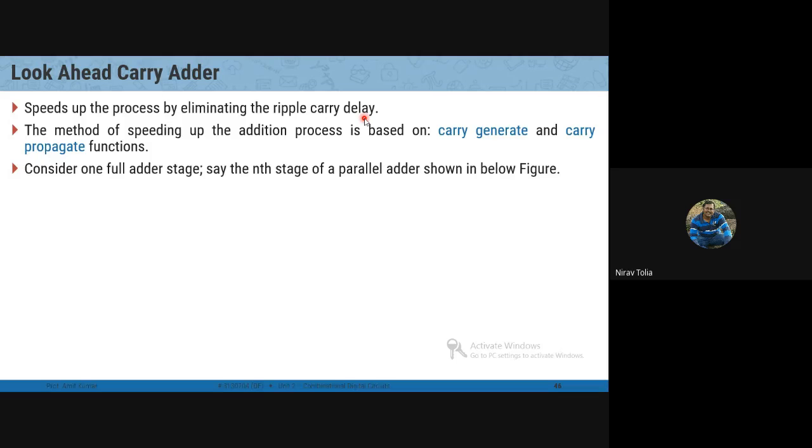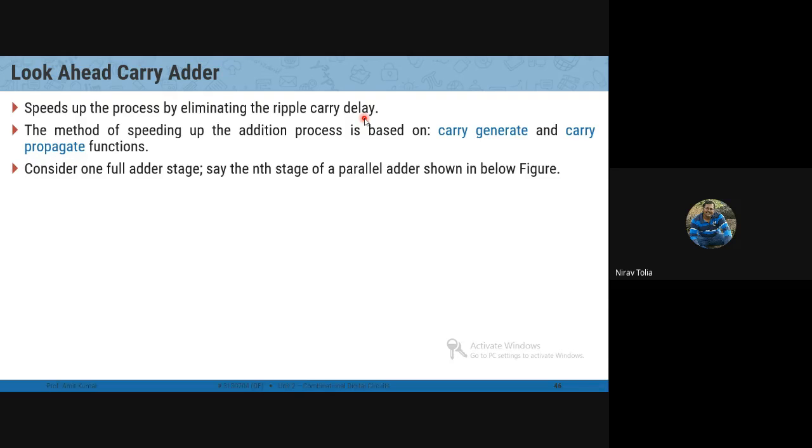In the case of a parallel adder, the speed with which addition can be performed is governed by the time required for the carries to propagate to the next bit or next stage. So in a look ahead carry adder, we speed up the process by eliminating that propagate carry, or you can say the ripple carry delay.